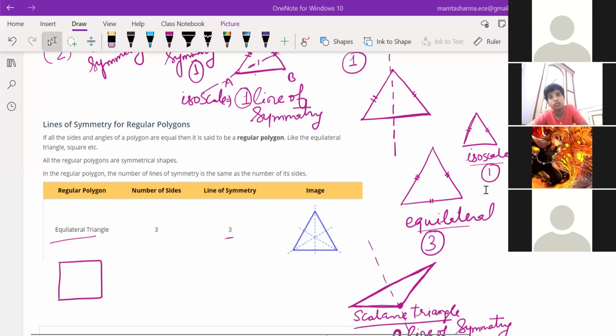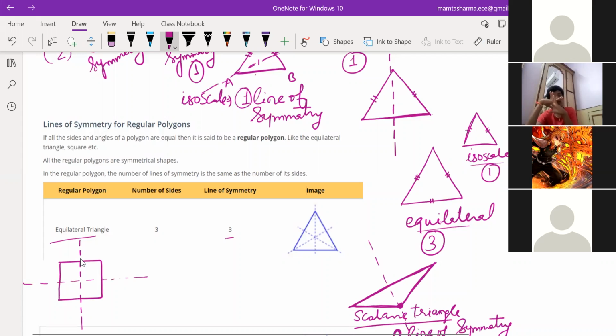Yes, this is a square. When you draw the line of symmetry like this, it will be divided into 2 equal rectangles. There could be a possibility to draw the line of symmetry vertical, horizontal also.